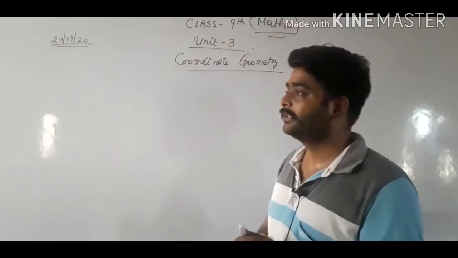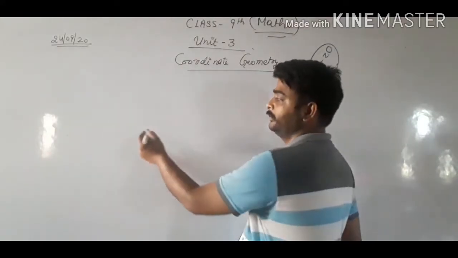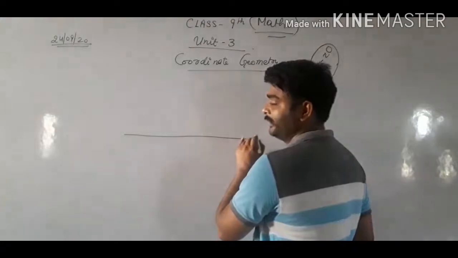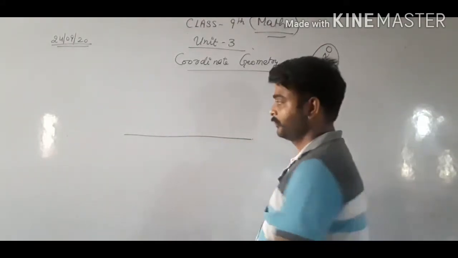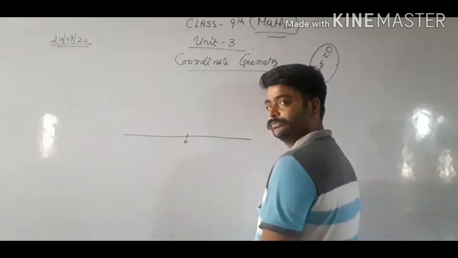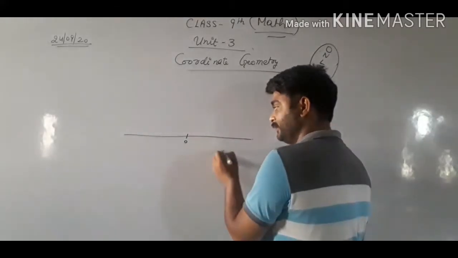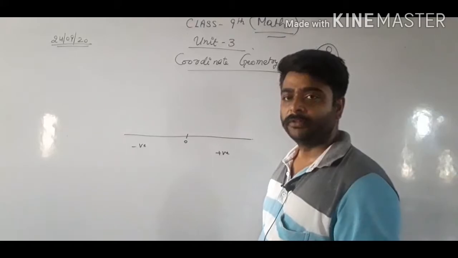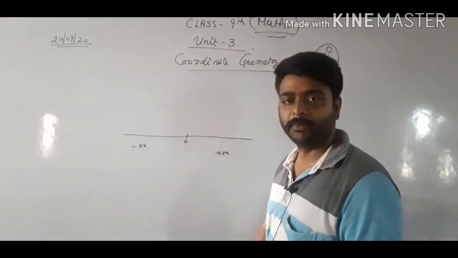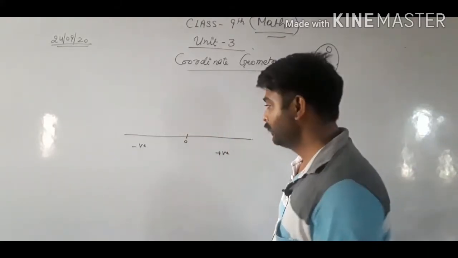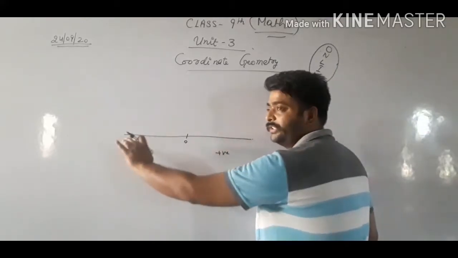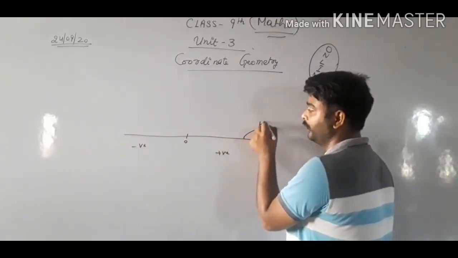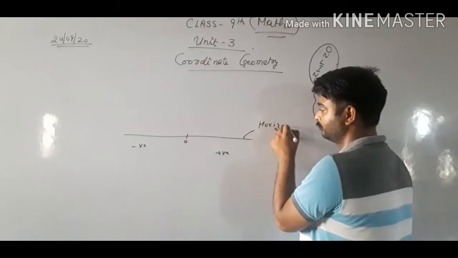Now class, let's start. As you are very familiar, this is a number line where this is 0, this part is positive and this part is negative. From today I am calling this the horizontal line.